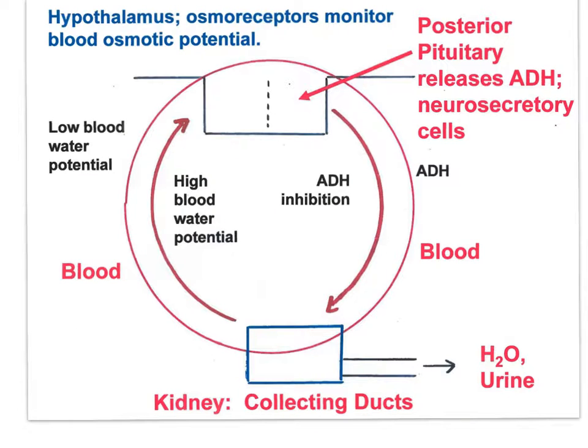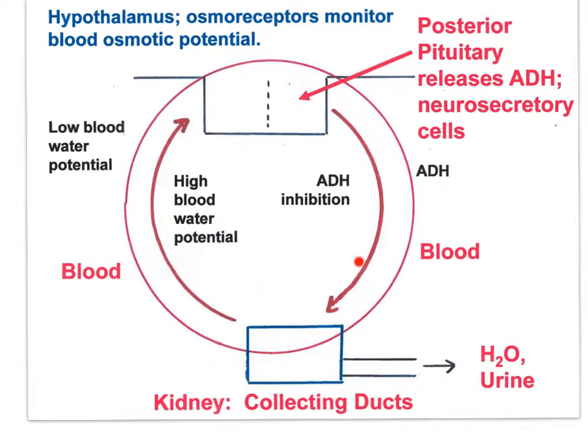This is a diagram I've drawn to represent the homeostatic relationship of the posterior pituitary and the collecting ducts of the kidney in osmoregulation. Let's start with conditions of dehydration. ADH would be released by the posterior pituitary to target the collecting ducts of the kidney to conserve water, serving to raise the osmotic potential of the blood, causing the ADH to be inhibited.